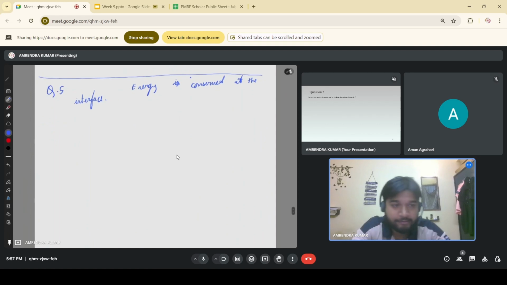So whatever power you are sending through the incident, this half. So first write down the velocity in the medium. Sorry, this is the v1.